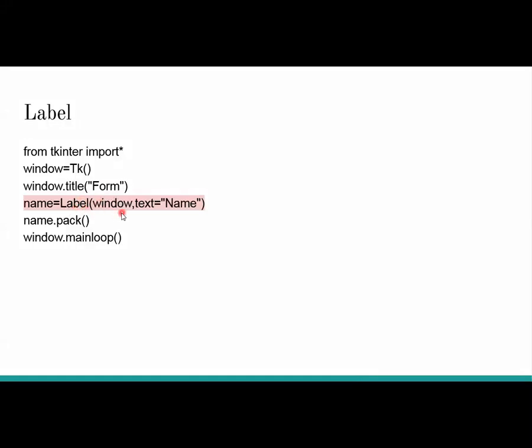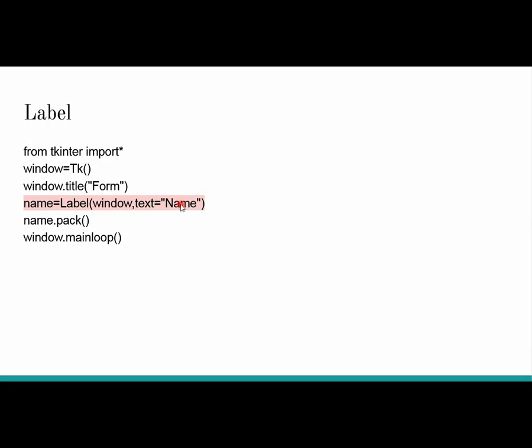Where you have to put your label, you can mention. We have created a window object, so you have to write window here, and then the name you can mention. Suppose here I have taken name, so a window will be created where one label will be created, which has the text name.